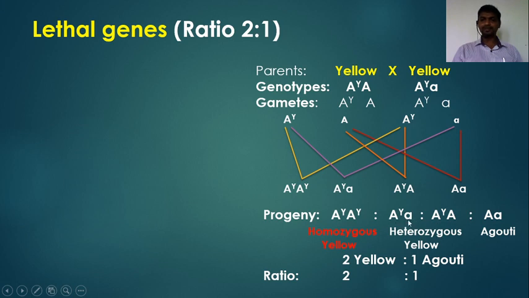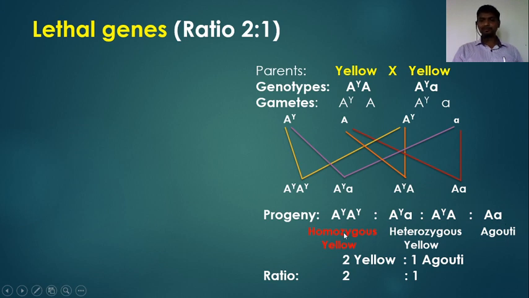Here it possesses the small a, in the second genotype it possesses the capital A. So it is heterozygous, and the phenotype is the same, yellow. Here is a capital A, small a. Now what is the phenotype in this case? Here the capital A is for the agouti and the small a is for the black. If you see the dominance hierarchy, the agouti is dominant over the black. So the phenotypic expression is agouti.